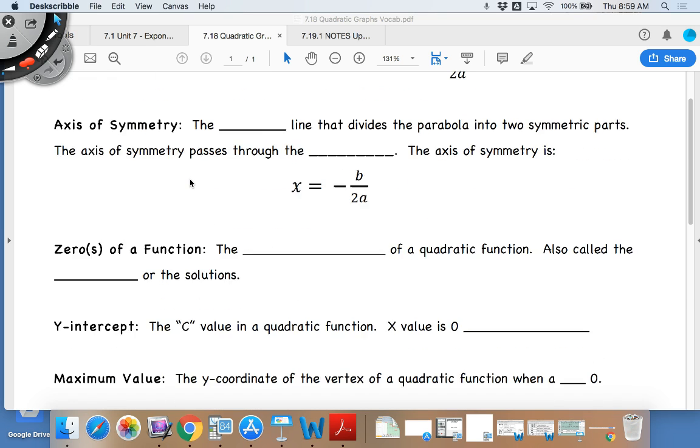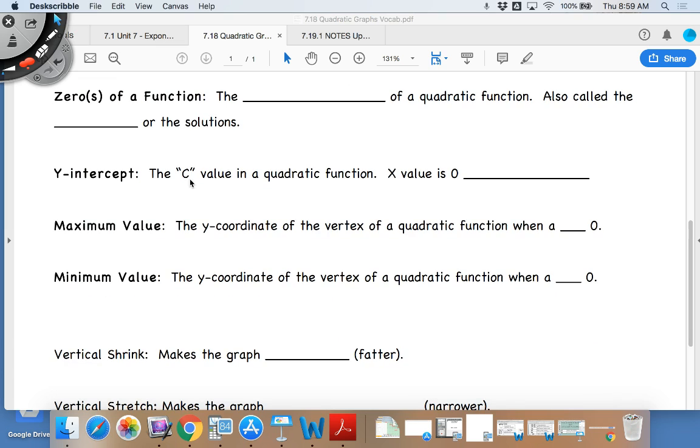Next vocabulary word, the zeros of a function. So we've talked about this a little bit. Sometimes there's one, sometimes there's none. Most of the time there's two. The zeros of the function are the x-intercepts. Now the worst part is this word has multiple synonyms.